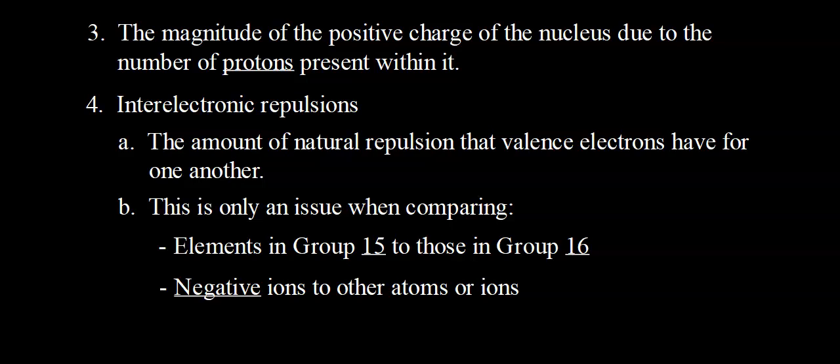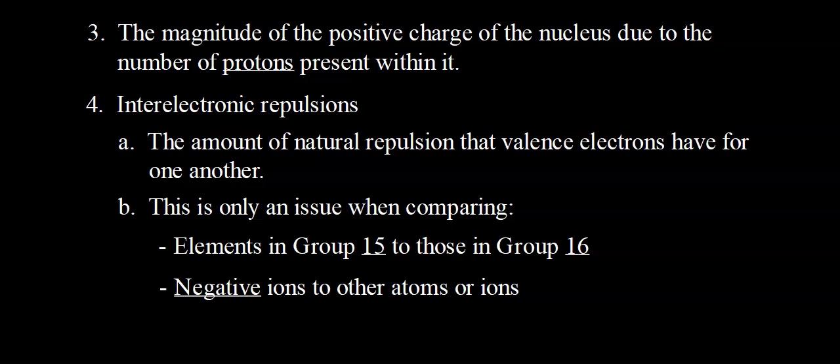Another factor to consider when we're talking about the trends of the periodic table is the magnitude of the positive charge of the nucleus, which is due to the number of protons within it. So we'll talk about nuclear charge, which is the charge of the nucleus, determined by the number of protons inside of the nucleus. Sometimes, too, we have to look at inter-electronic repulsions. The prefix inter means between.